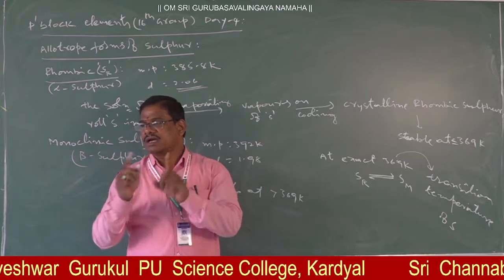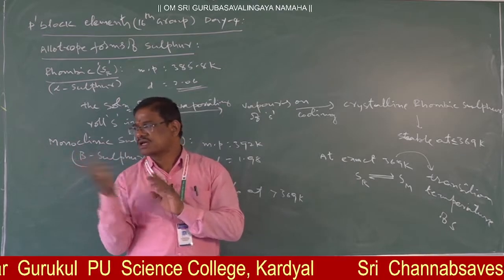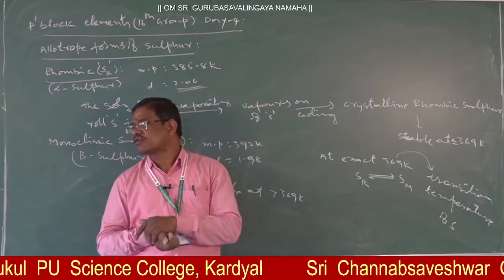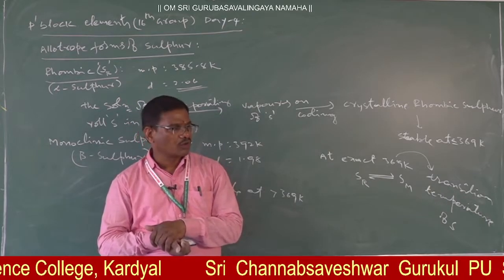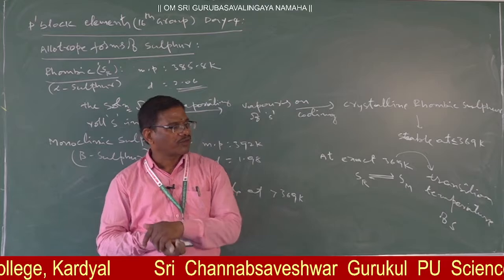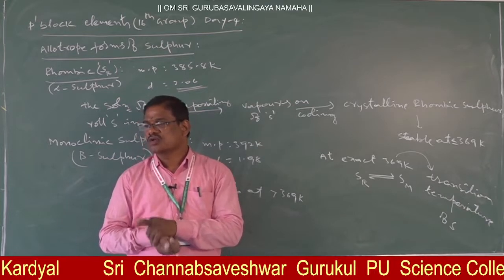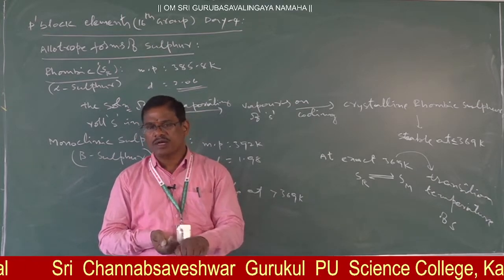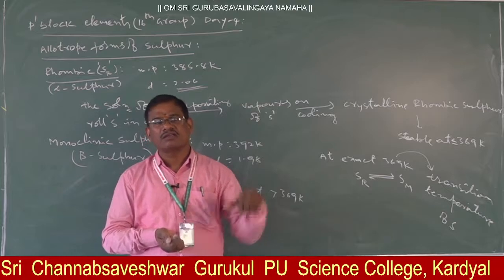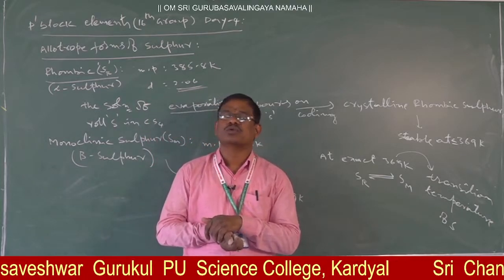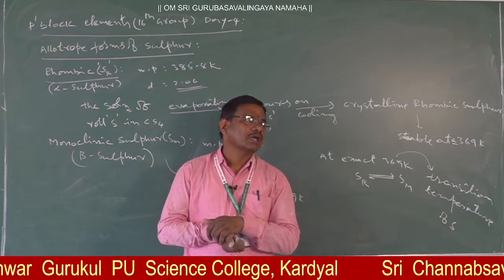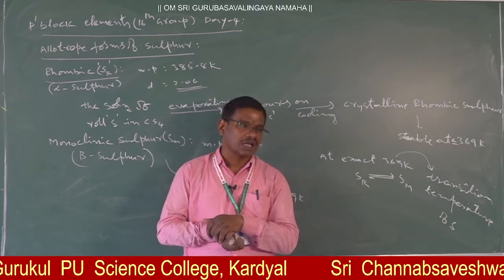After some time the crust is removed, and the leftover sulfur is monoclinic sulfur, obtained from rhombic sulfur only. Rhombic sulfur is prepared from roll sulfur. The solution of roll sulfur in carbon disulfide, on evaporating, gives vapors, and those vapors on cooling give crystalline rhombic sulfur, which is yellowish in color.